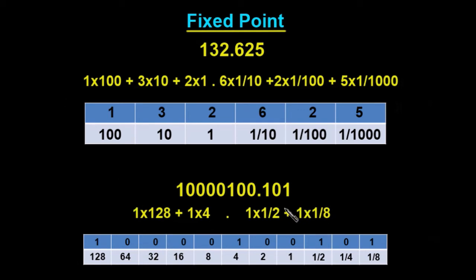Now the problem with representing numbers using this fixed point format is that it's not very efficient. So in this example we have 132.625, and it's taking 1, 2, 3, 4, 5, 6, 7, 8, 9, 10, 11 bits.